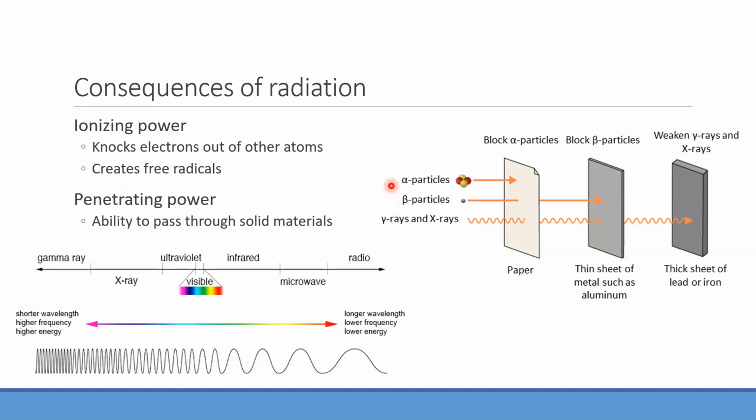The other thing about alpha particles is these cannot penetrate your skin, so they're not really a hazard if it's just out in the world. But if you were to ingest this, then it can damage your organs because it has access to them. So your skin protects you from alpha particles as long as you don't ingest them.